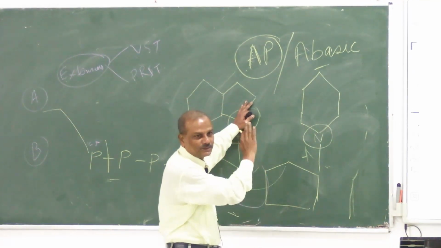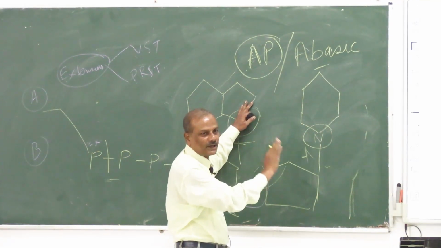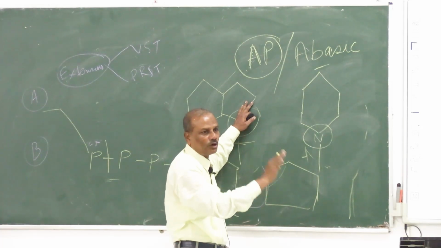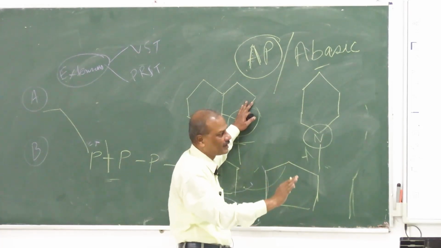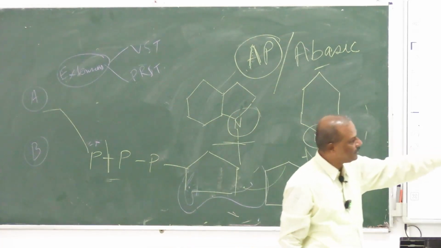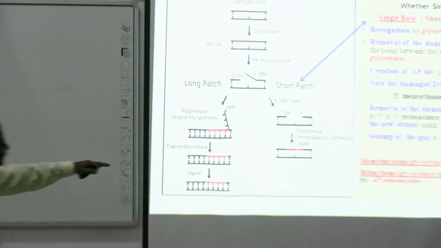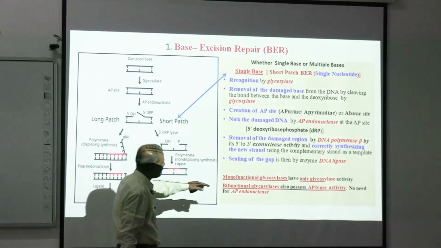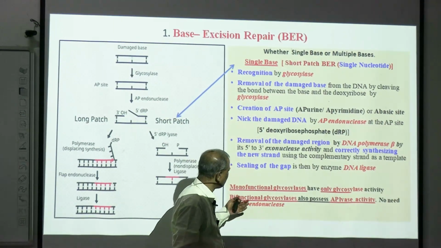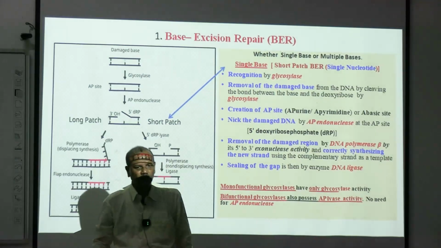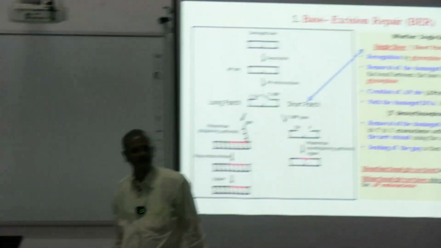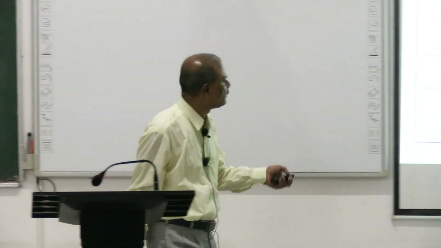So if there is AP lyase activity, a bifunctional glycosylase will not require any AP endonuclease activity. That is the one part I am telling you.